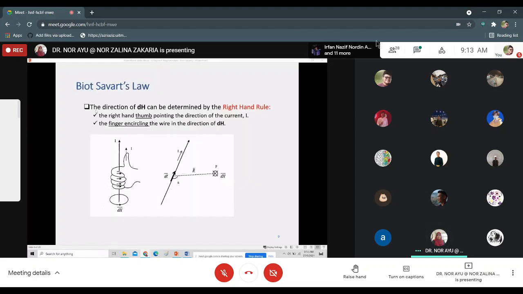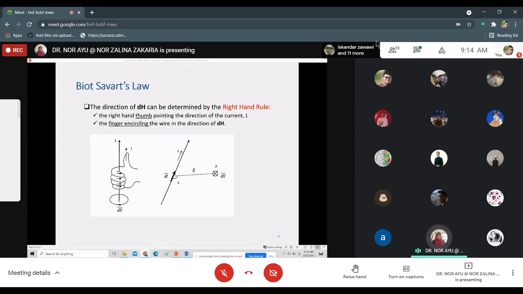All right, okay, so we need to know the direction of the magnetic field intensity, and also the direction of the current. If we want to determine these two directions, we can use what we call the right hand thumb rule, or right hand rule.